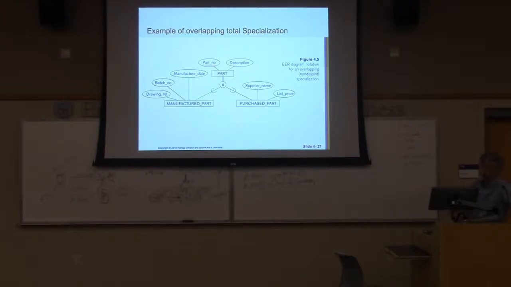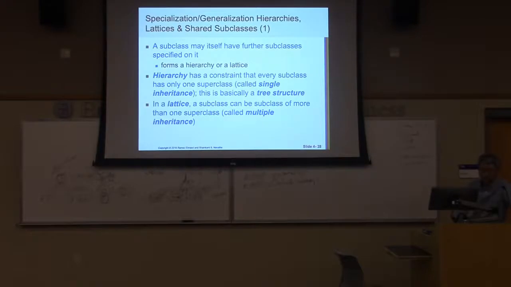Okay? There are a couple more variations of the EER diagram. So the first one is the hierarchy. Hierarchy is single inheritance, which is a kind of tree structure. In your data structure class, you learned about the tree. Tree has what? Parent and child relationship.